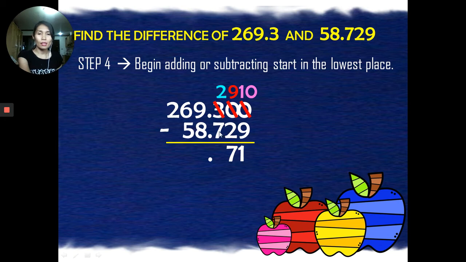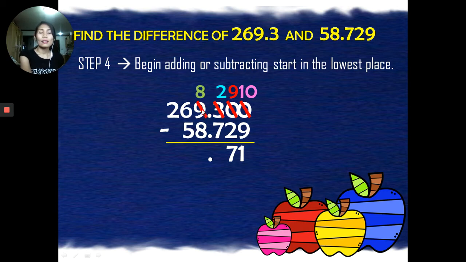Now 2 minus 7, can we minus 7 from 2? No, we cannot minus because 2 is smaller. So we will borrow again from the next place. The next place here is the ones place, right? From the whole numbers. Ones place, 9 will become 8 because we will borrow.